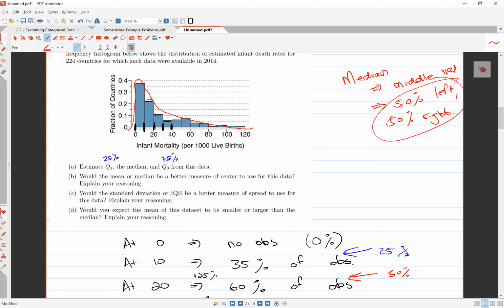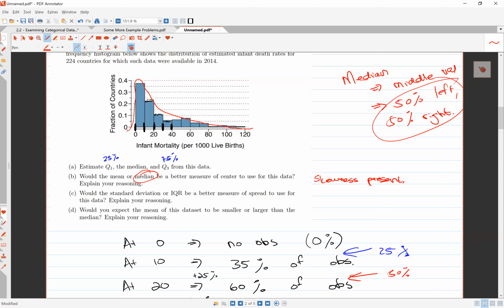If a distribution is symmetric with no outliers, then you're going to prefer the mean. If there is skewness or if there are outliers, you're going to use the median. So when the question asks which is better, the mean or the median, you would say the median, because there is skewness present in the data.